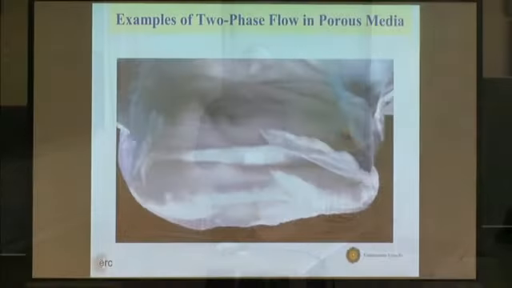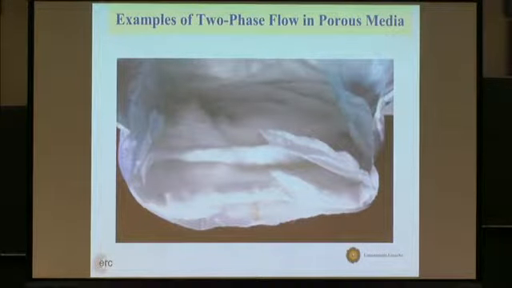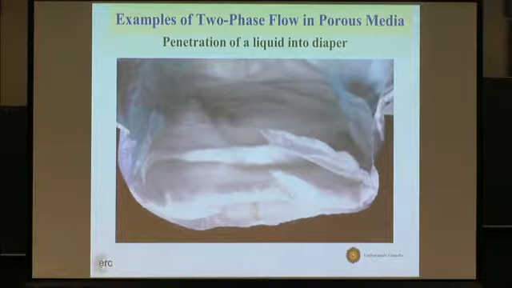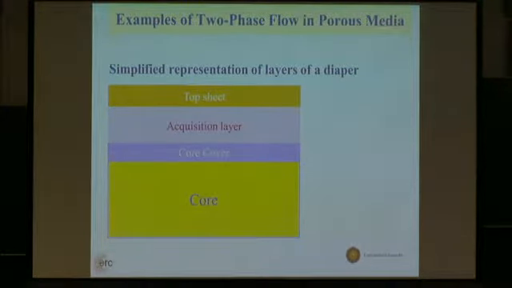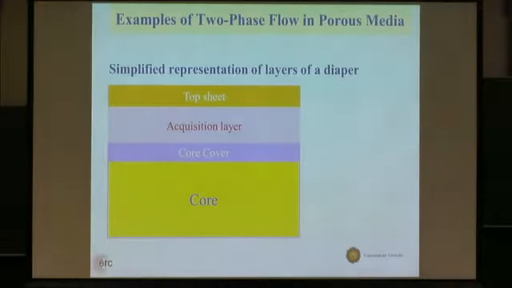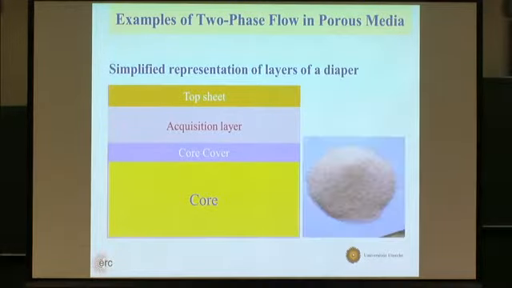This is another application. Many of you recognize it. This is the penetration of liquids into a diaper. The diaper is really a complex piece of technology. There are four layers. In the core layer you have what is called superabsorbent polymer that can absorb anywhere from 30 to 300 times its own volume.